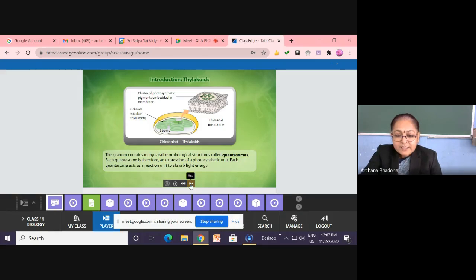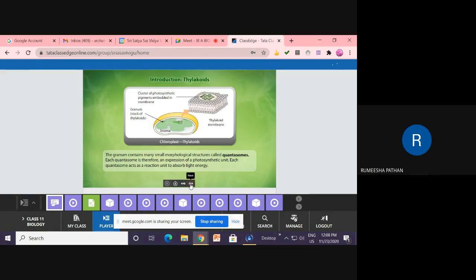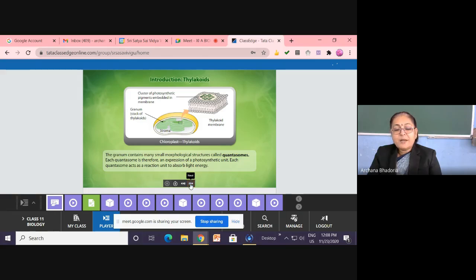That is why it is an expression of the photosynthetic unit, and that is why it acts as a reaction unit to absorb light energy. Each quantasome contains how many chlorophyll pigment molecules? I told you this number in 9th and 10th standard also: 230.